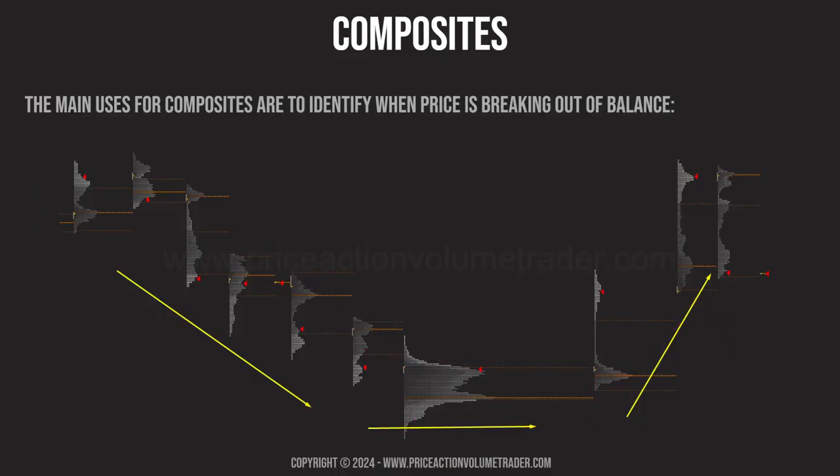So as you can see right here, when price breaks out from this balance here, we would be looking left, and then we see we had a consolidation over here.